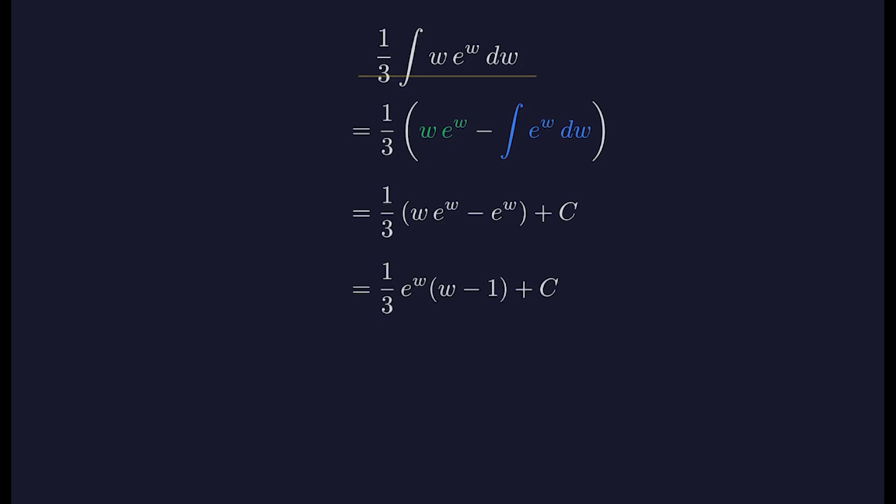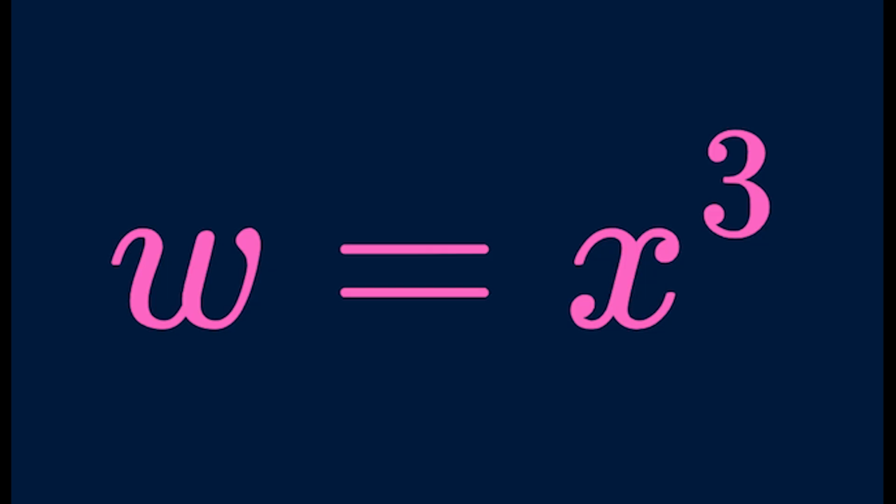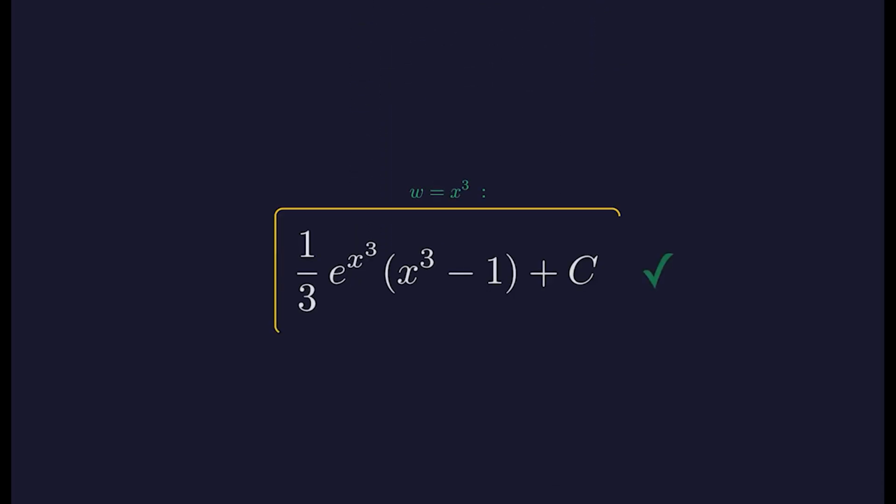But we're not done yet. Remember what w actually equals. W equals x to the power of 3, which means our final answer, guys, is going to equal a third e to the power of x to the power of 3 times x cubed minus 1 plus c. And that's going to be your final answer.